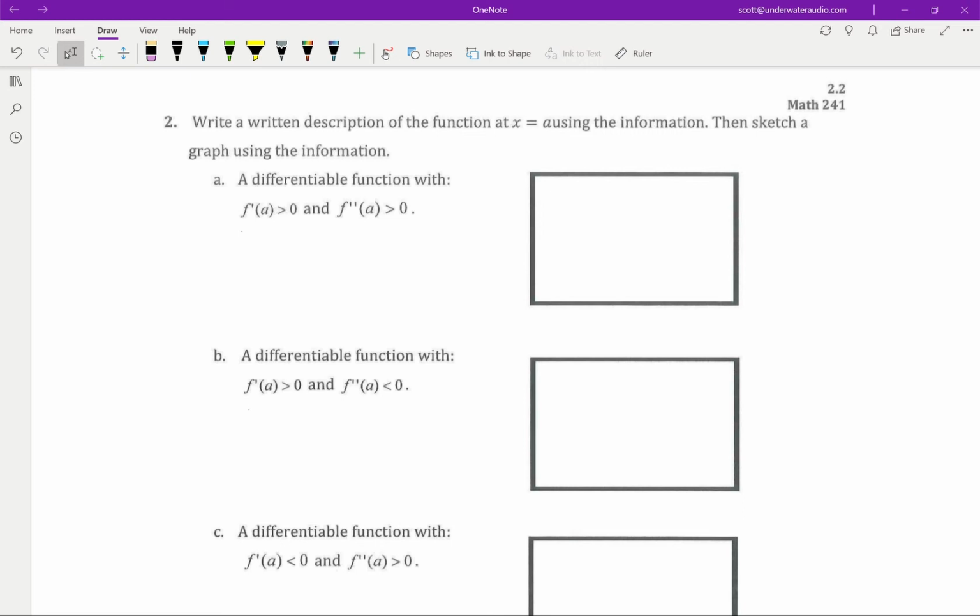Okay, so in words, that means the slope is positive at a, or it's increasing at a. Okay, and the second derivative being greater than 0, that's like saying the change in the slope is positive, or the slope is increasing, or it's concave up.